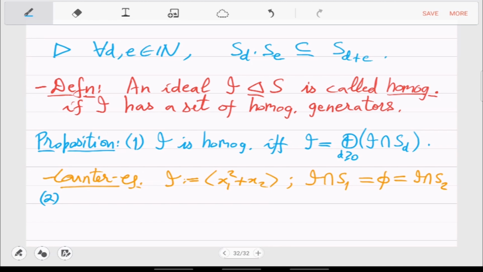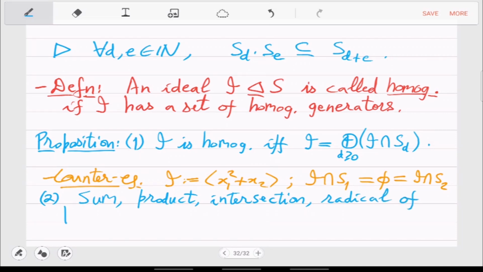Second property is: sum, product, intersection and radical of homogeneous ideals is homogeneous. So homogeneous ideals behave miraculously well with all these things which we were using in the algebra for affine varieties.